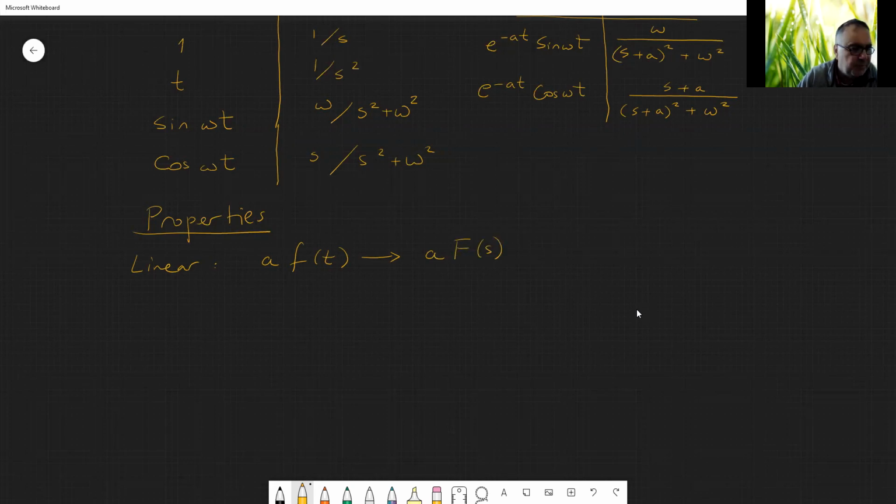As a matter of fact, a times f1 plus b times f2, if you take the Laplace transform of this, you get a F1 of s plus b F2 of s. So it is a linear operation, the Laplace transform.